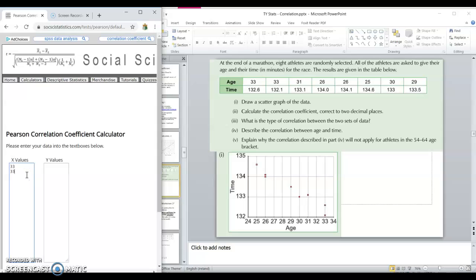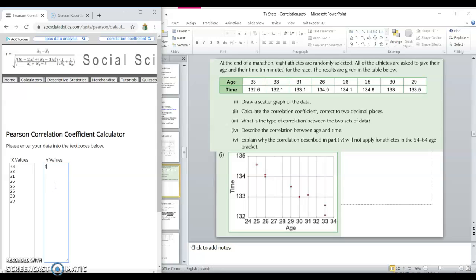So 33, 33, 31, 26, 26, 25, 30, 29. Now age was the X when I put it on the scatter plot, but as I said, if I put all of those in the Y, it wouldn't matter. It would still give me the same answer.